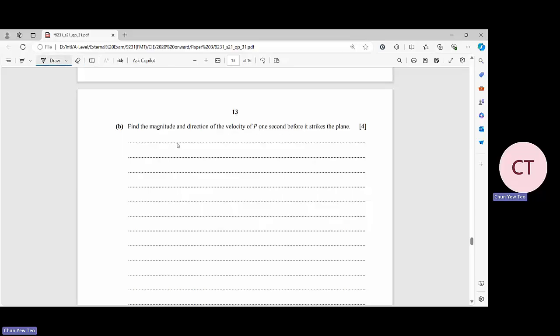We just take down x, the horizontal component, and y, the vertical component, copied down from the previous question, part A. We need to find dx/dt and dy/dt, because we need to find the velocity. So dx/dt is 60. The dy/dt is 80 minus 10t.